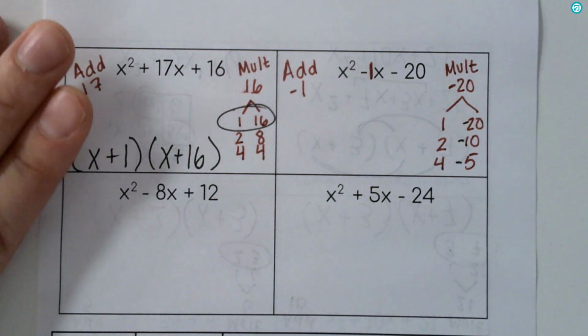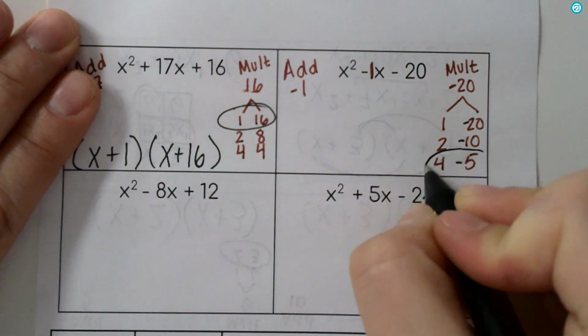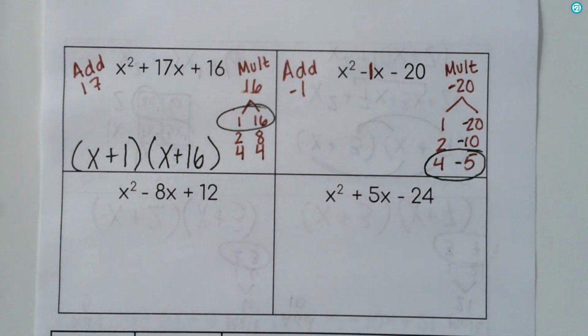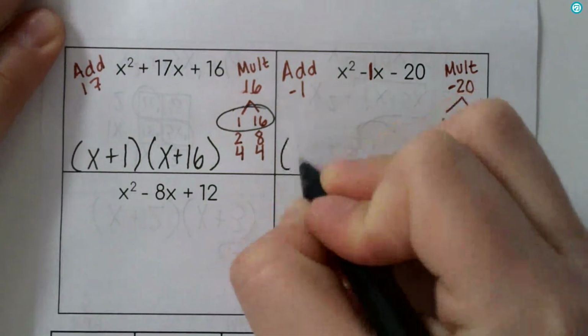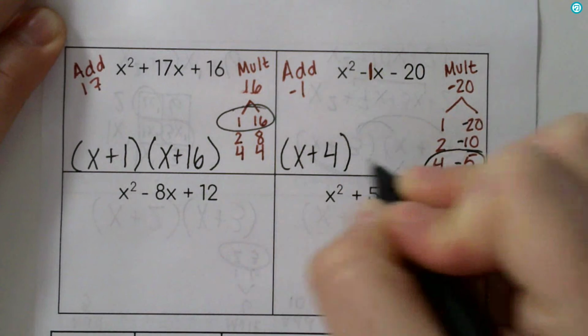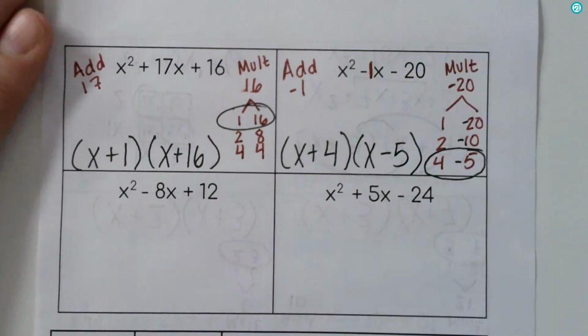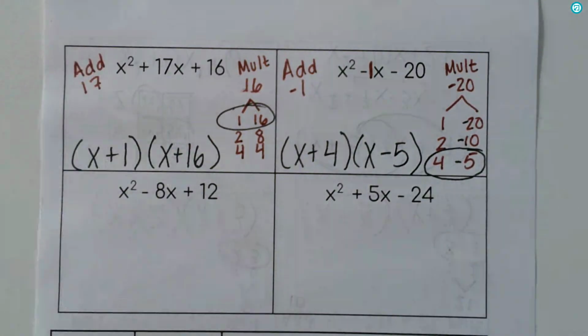And in this case, 4 and -5 add to be -1. So my factors are x plus 4 and x minus 5. Okay, any questions on that?